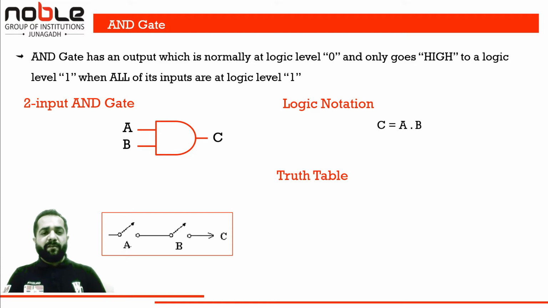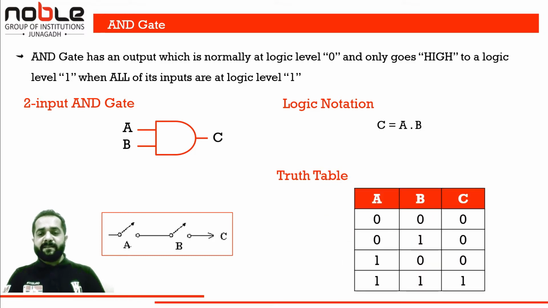Truth table. We can see there are two inputs, A and B. So there are four possibilities: A is equal to 0 and B is equal to 0, A is equal to 1 and B is equal to 1, A is equal to 0 and B is equal to 1, or A is equal to 1 and B is equal to 0.